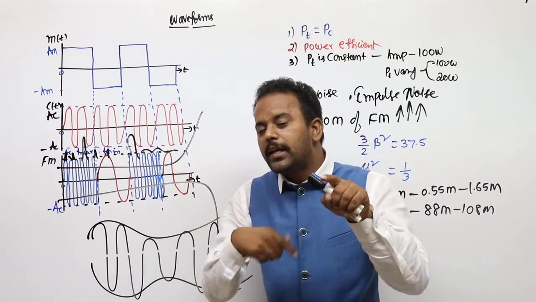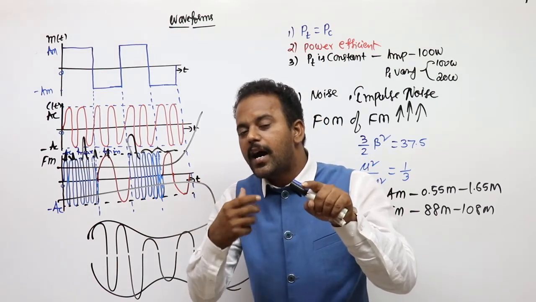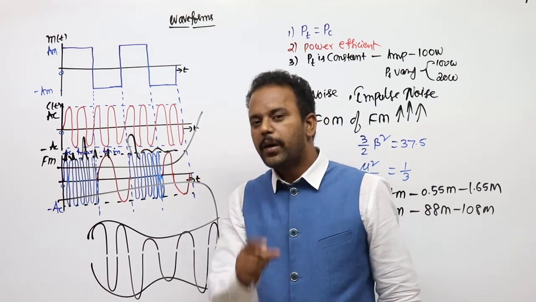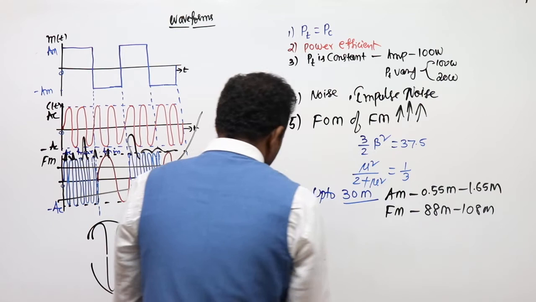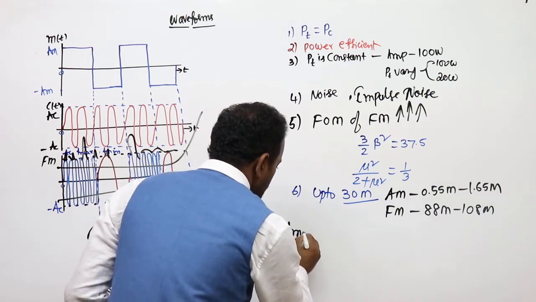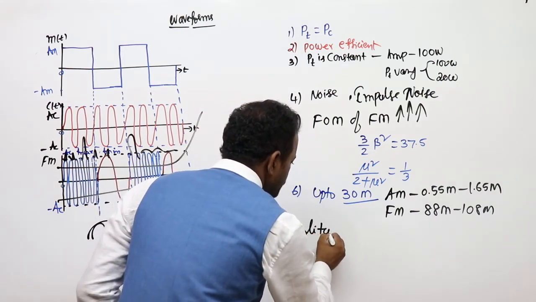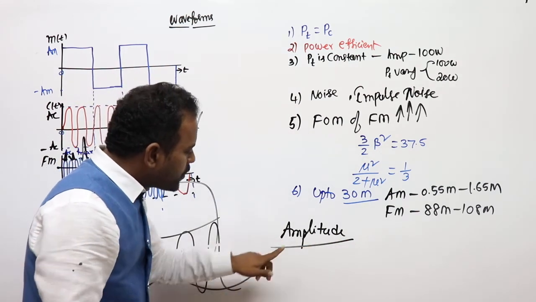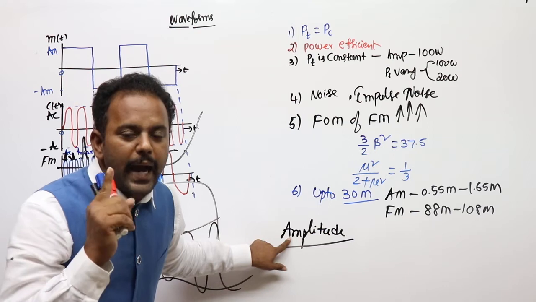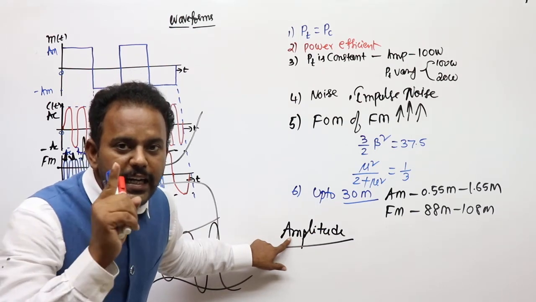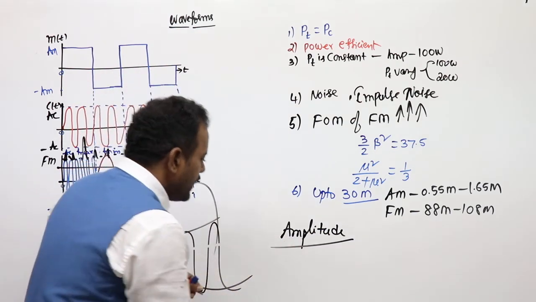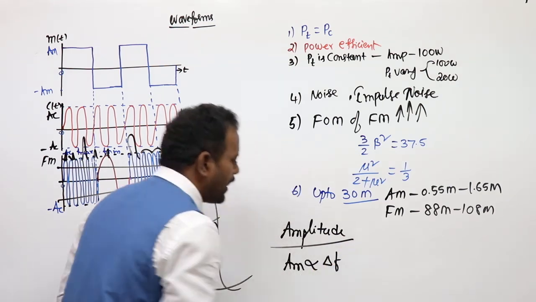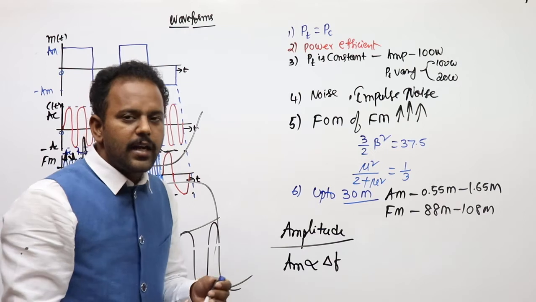In what parameters are the message signal parameters included in FM? Coming to the first point, the amplitude, students. The amplitude is stored in the maximum frequency deviation, that is, Am of the message is directly proportional to delta F. What is delta F, sir?